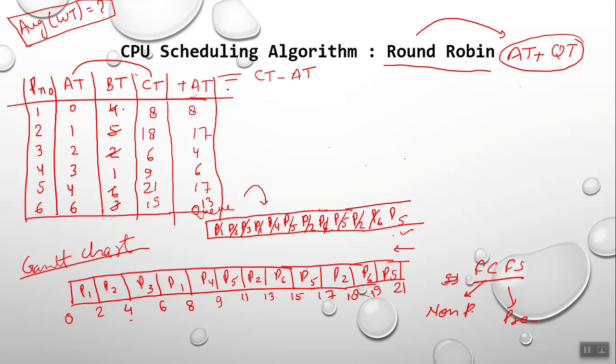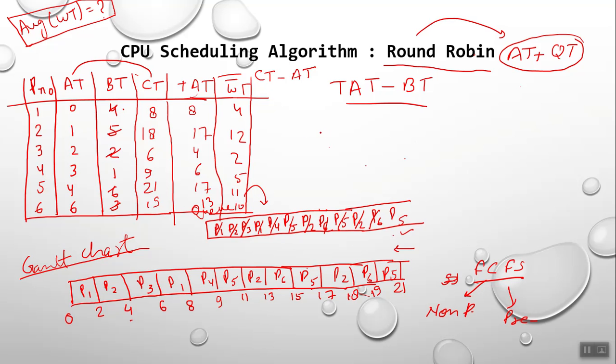And with the help of turnaround time, you can calculate the waiting time, and waiting time is equal to turnaround time minus the burst time, right? So here the burst times are 4, 4, 15, 12, 5, and 17 minus 6, which is going to give you 11 and 10, right?